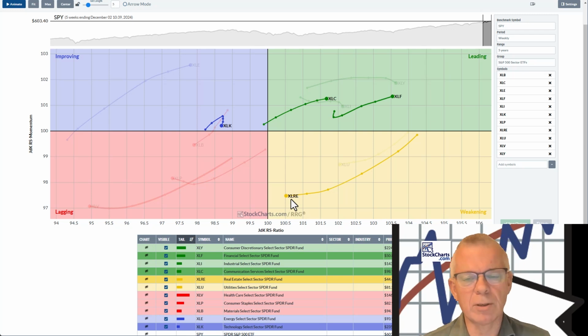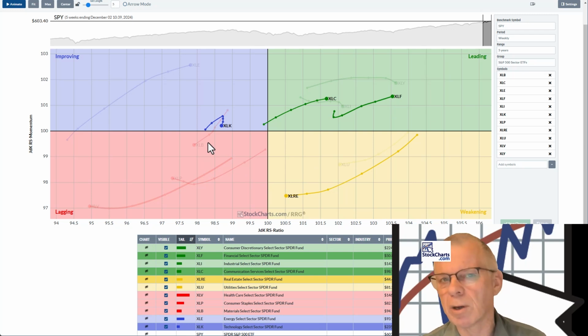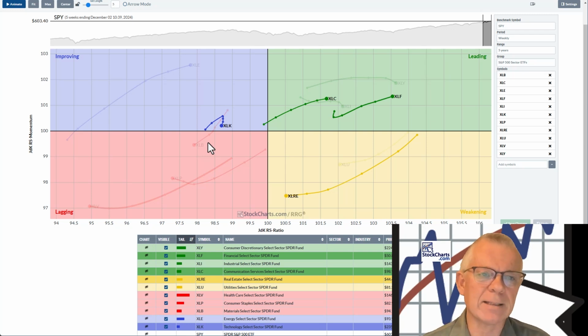We took a look at the longer term trends. We looked at them on the relative rotation graphs, price charts, and here is the seasonal point of view for those four sectors, where real estate, communication services, financials are expected to outperform, and technology is the only sector expected to underperform in the month of December. That's probably not going to hurt the S&P, so we're very likely looking at a strong move towards the end of the year.